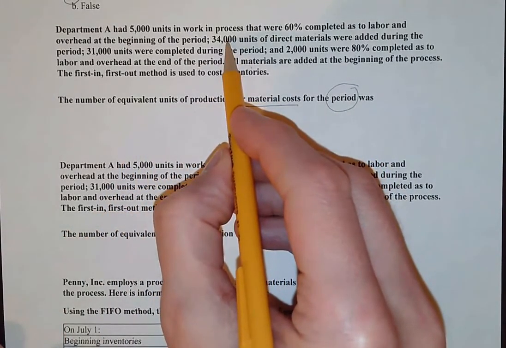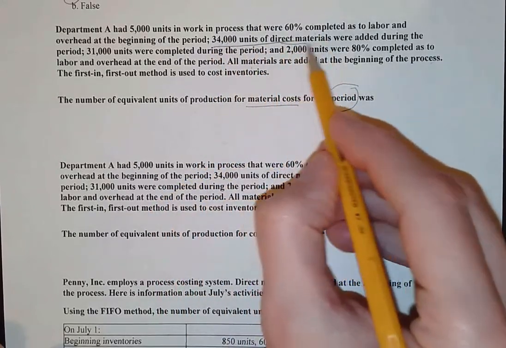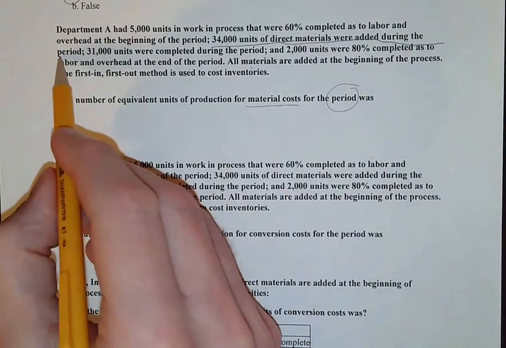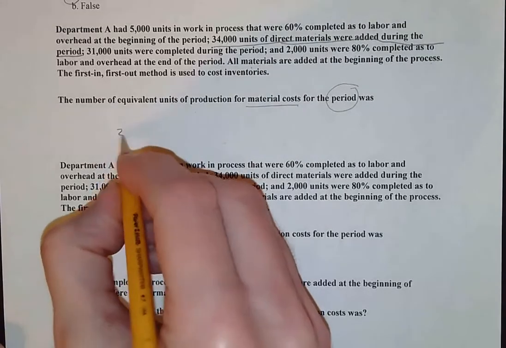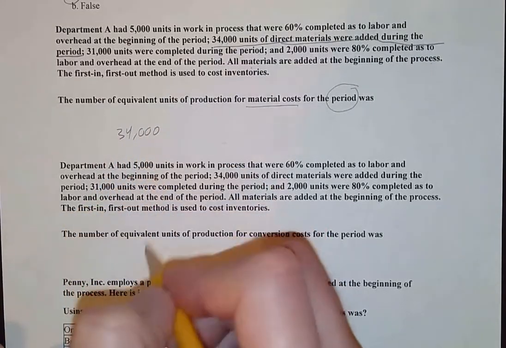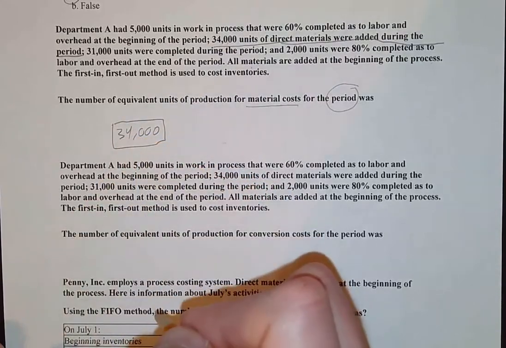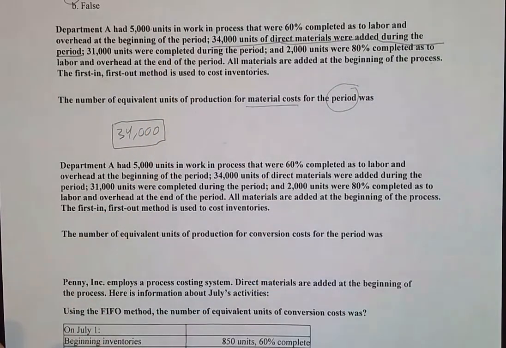34,000 units were added during the period. All right. So 34,000. Guess what? That's your answer. These 5,000 units were complete as to materials in a different period. Okay?